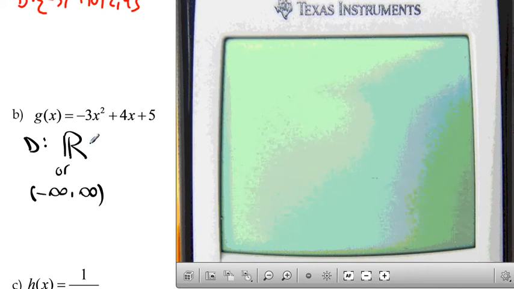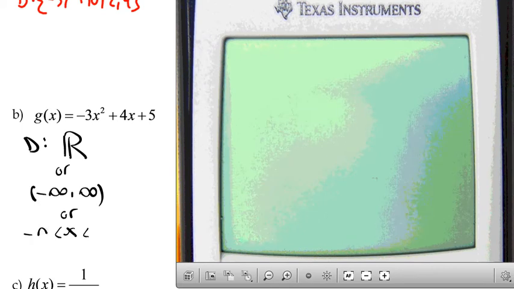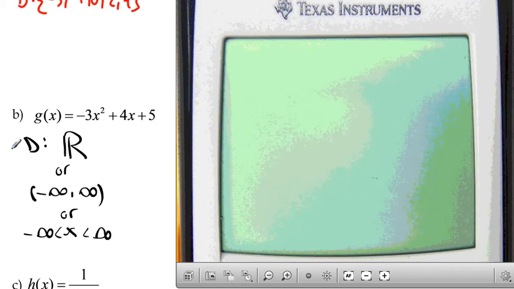That's another way of writing this. These are the two exact same thing. Another way that you can write this is you can say x is in between negative infinity and positive infinity.